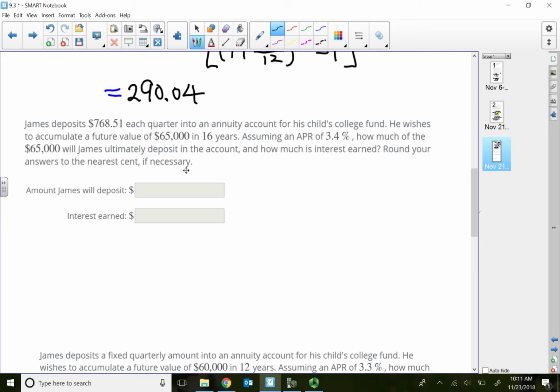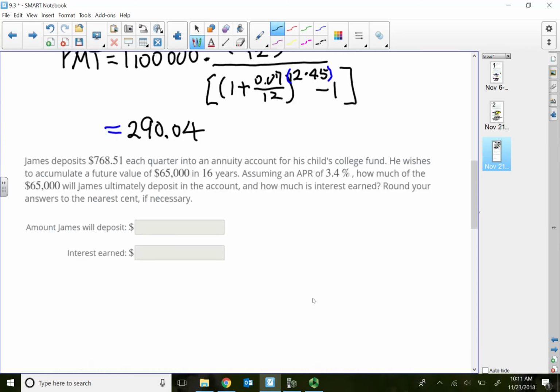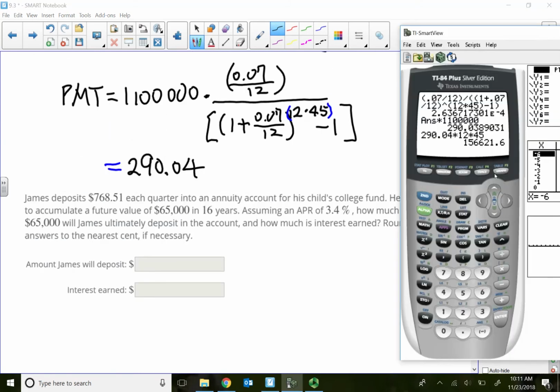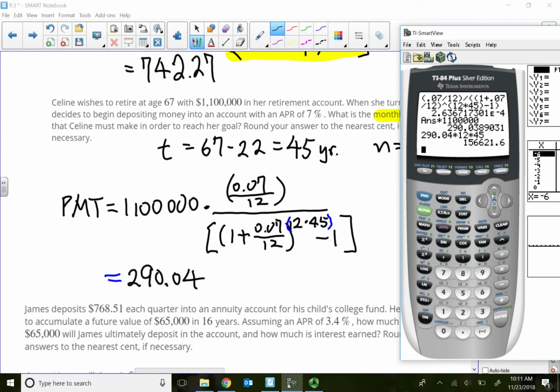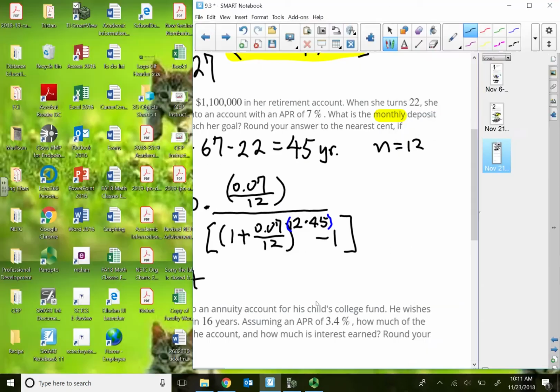So the question is asking, if he deposited the $768, ultimately, how much of that $65,000 that he wants will he actually deposit? Just like what I did with the $290, $290 a month times 12 months a year times 45 years, ultimately, Celine will only put in $156,000.